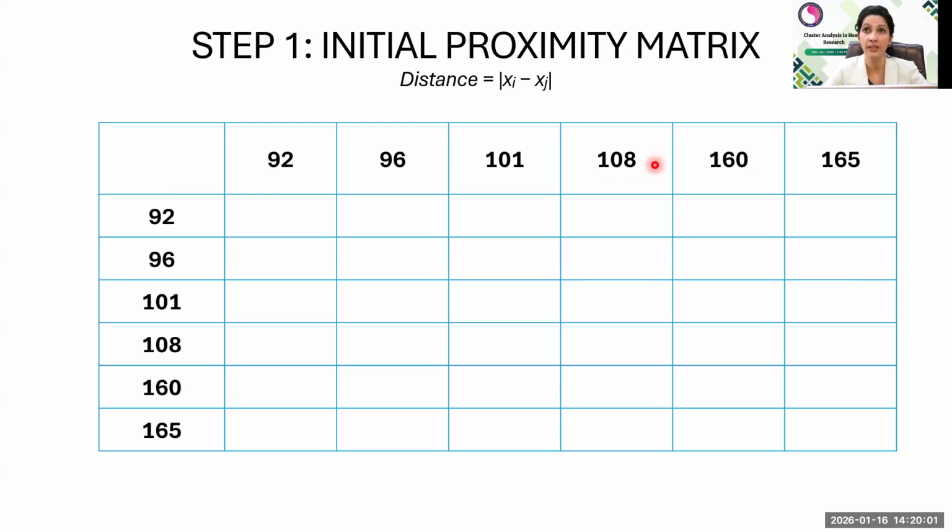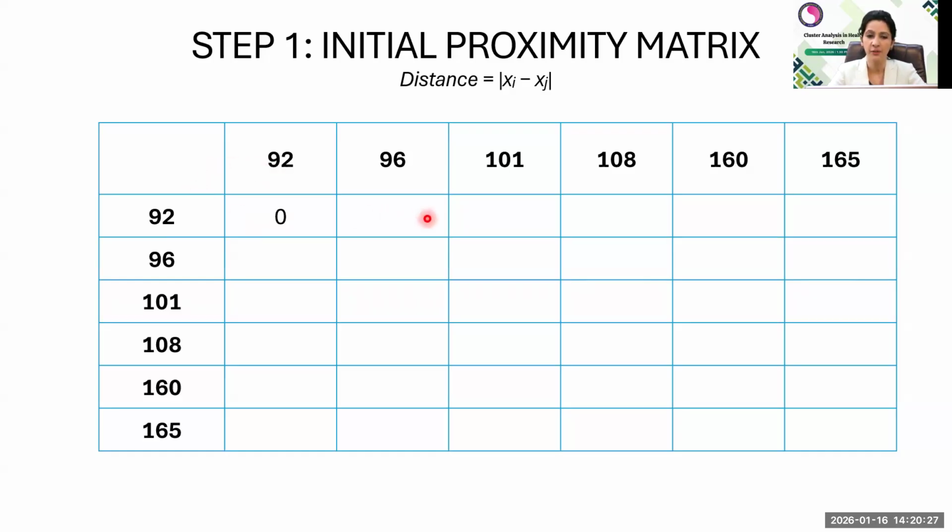Now I have to calculate the distance between these two data points. If you calculate the distance between 92 and 92, what will be the distance? Yes, all of you please write in the chat box. 0. Very right.